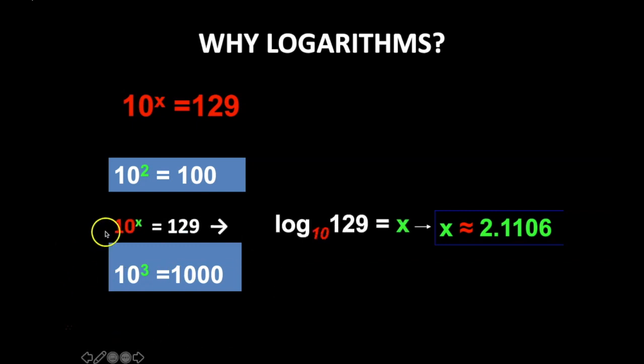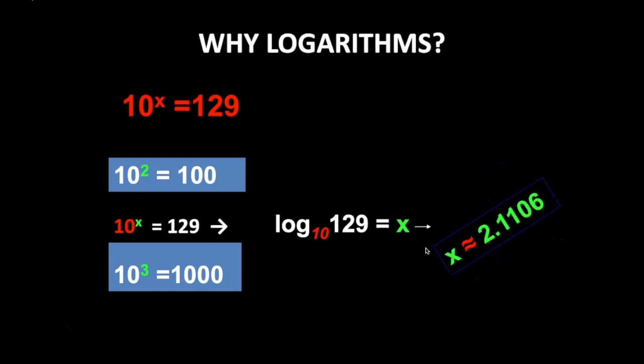So I can rewrite this statement, log base 10 of 129 equals x. If you notice here, the variable x is the exponent on the base 10. And I now can find, with a calculator, log base 10 of 129 is 2.1106.